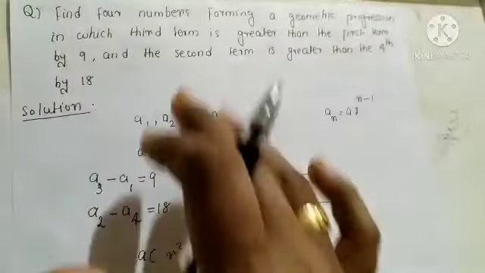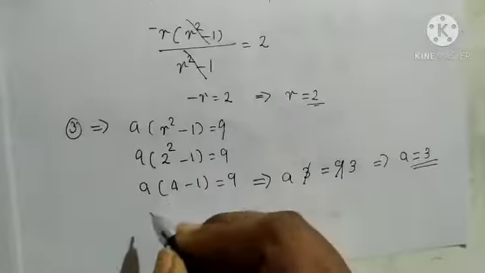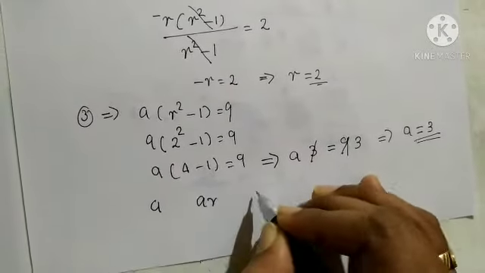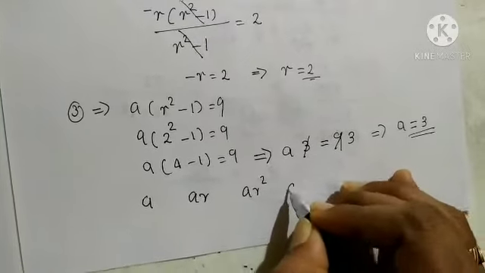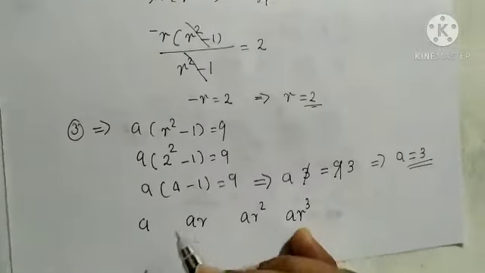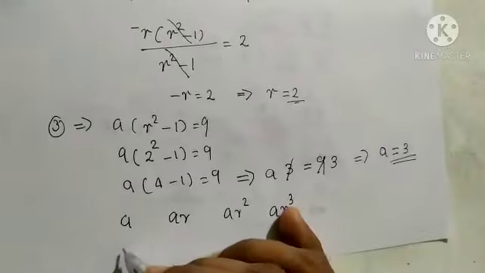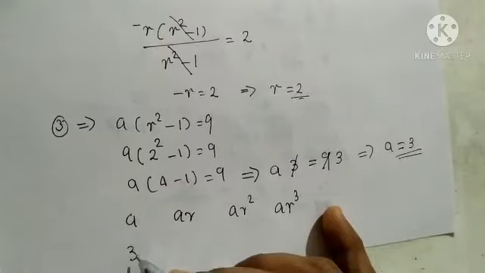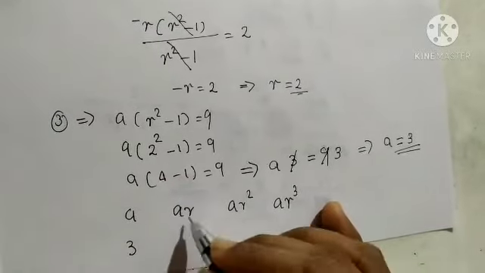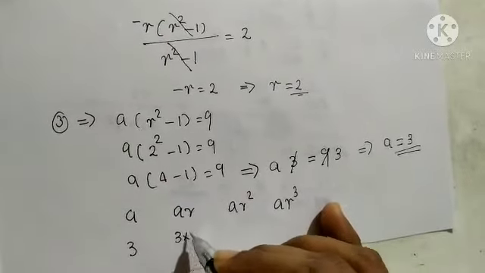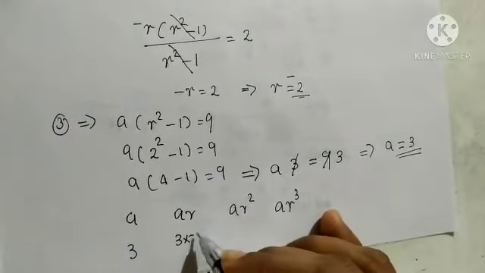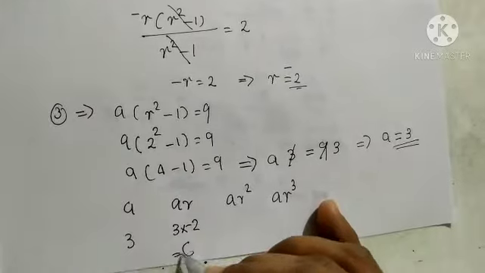Okay, so next I am going to find out the four numbers. The four numbers are, first one is a, second one is ar, third one is ar square, fourth one is ar cube. So substituting the value of a as 3 and r as minus 2, we get the first number is 3, second number is 3 into minus 2, right? r equal to minus 2. So 3 into minus 2 will become minus 6.